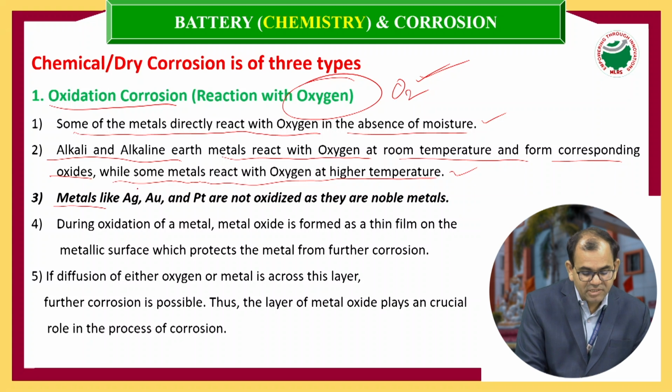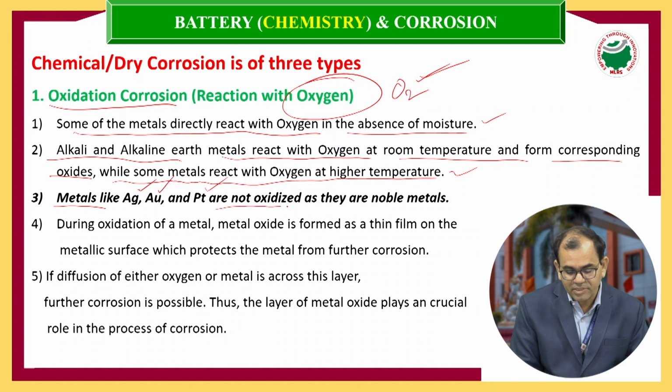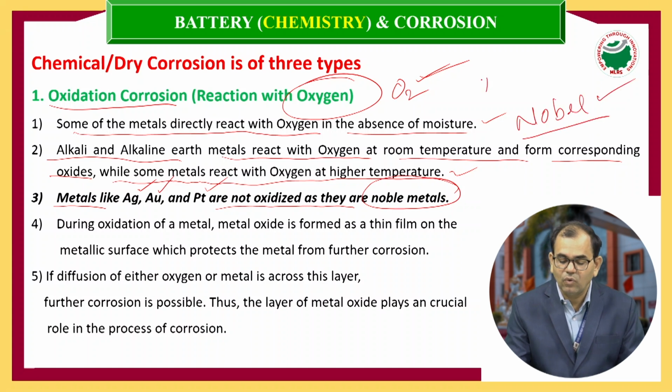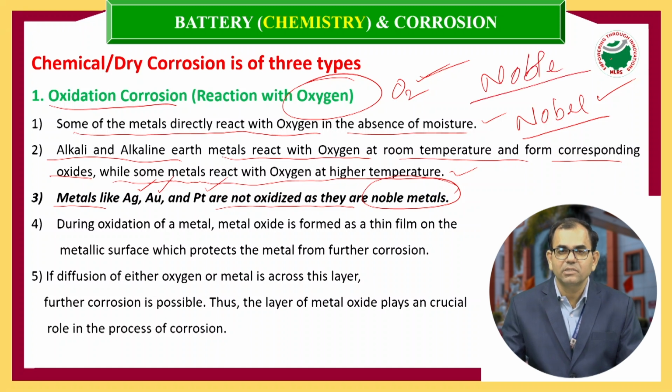Metals like silver, Ag, gold, Au, and platinum, Pt, are not oxidized as they are noble metals. Don't confuse noble with Nobel; Nobel is related to the Nobel Prize. Noble, noble, noble. Noble gases: helium, neon, argon, krypton, xenon.